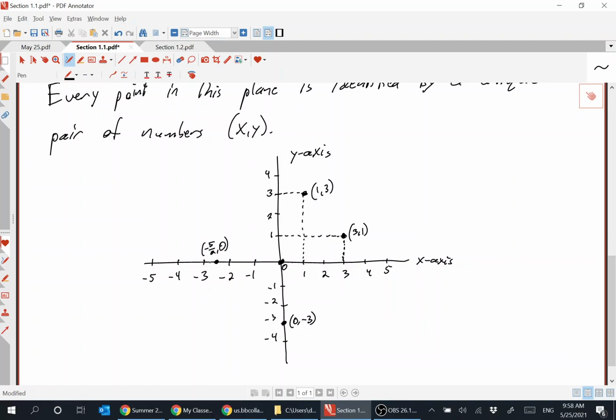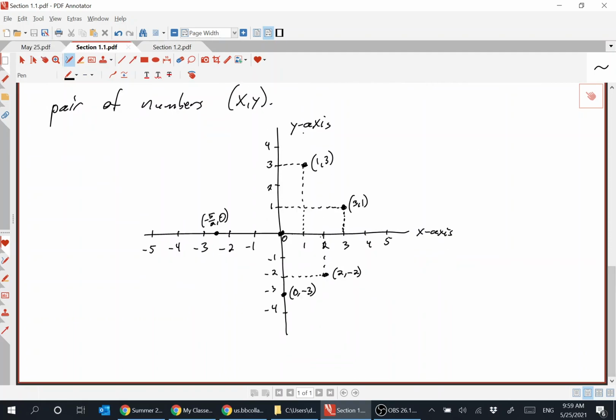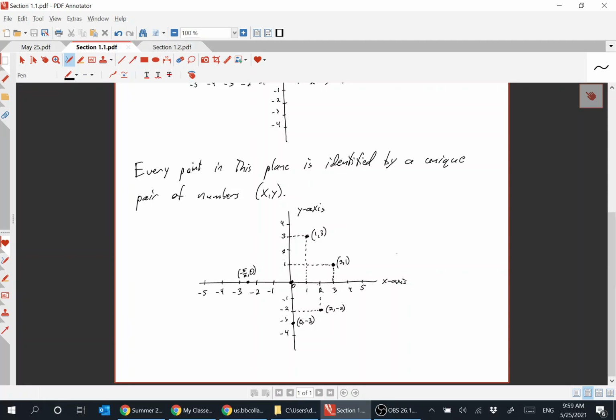I mean, you don't just have integer pairs, you've got all the different kinds of pairs. Right here, x equal to 2, y equal to negative 2, and so on and so forth. You've probably seen this before, but just to talk about it again so we make sure that we're all on the same page with what we're talking about.